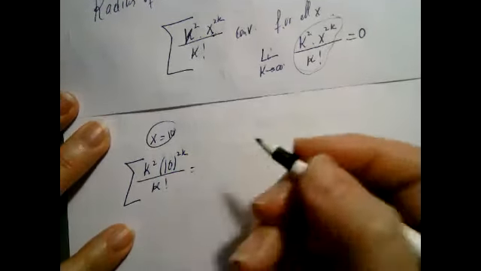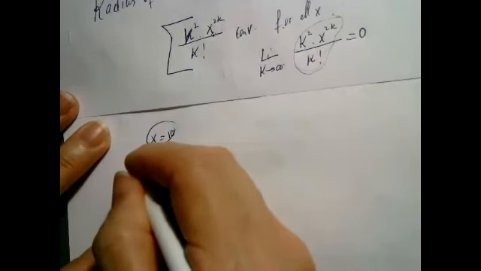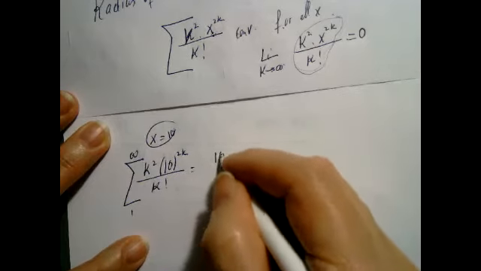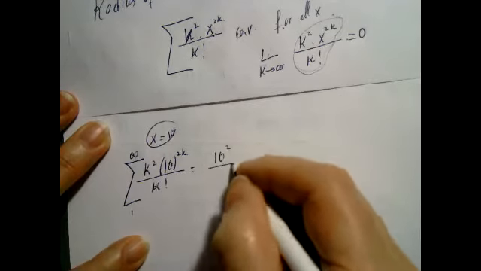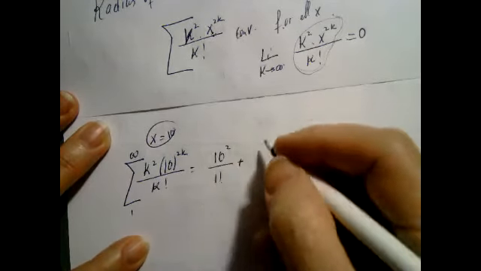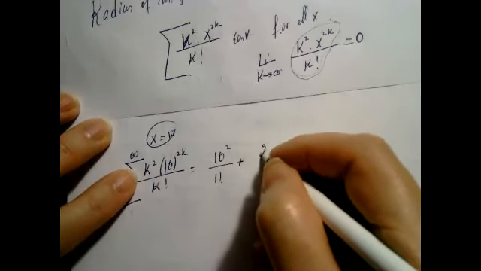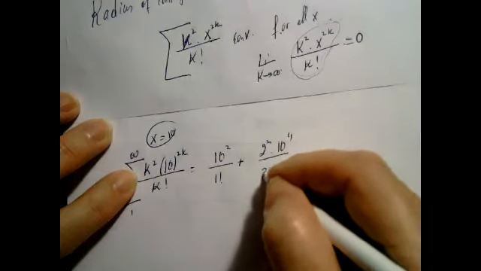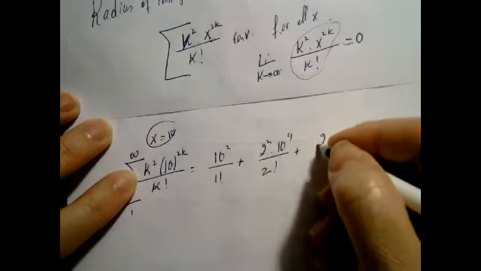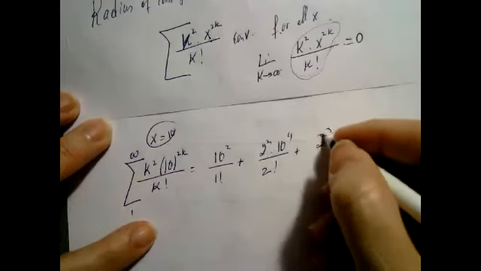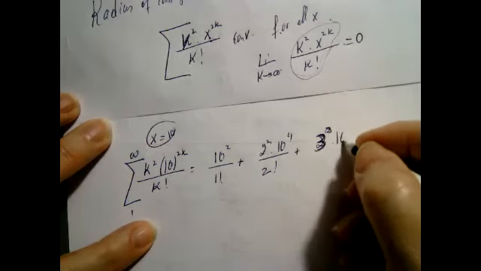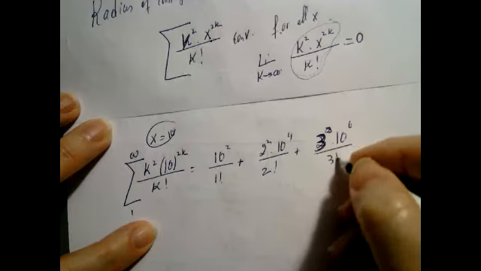But let us see what terms I'm looking at, from 1 to infinity. I'm looking at the following terms: 10 squared over 1 factorial, plus for k equal to 2, 2 squared, 10 to the power 4 over 2 factorial, plus 2 to the power 3, 3 squared, 10 to the power 6 over 3 factorial.